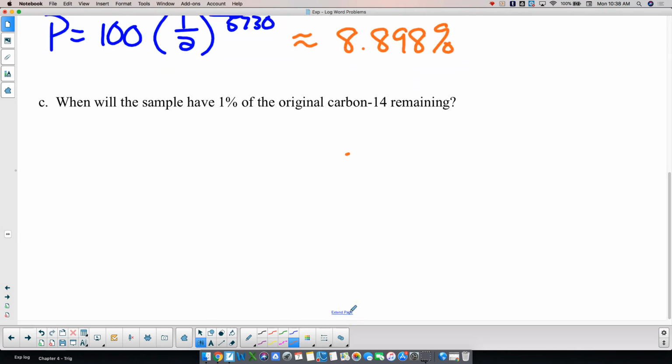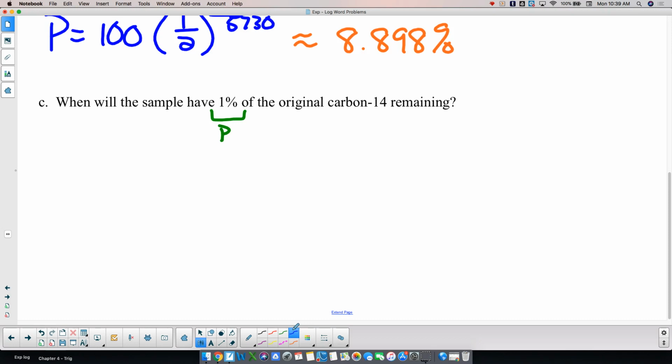Okay? Now, let's take this in another direction. Let's go with this question. This question is, when will the sample have 1% of the original carbon-14? Now, instead of being given a T value, I have a P value.